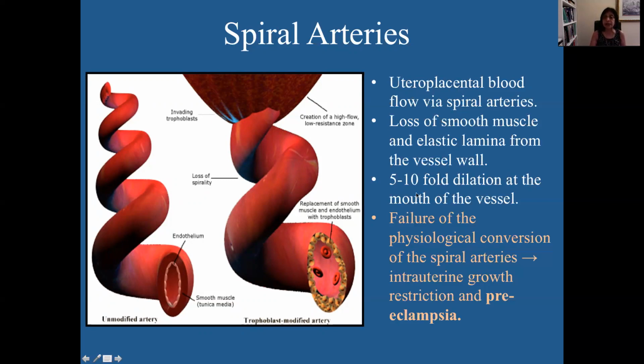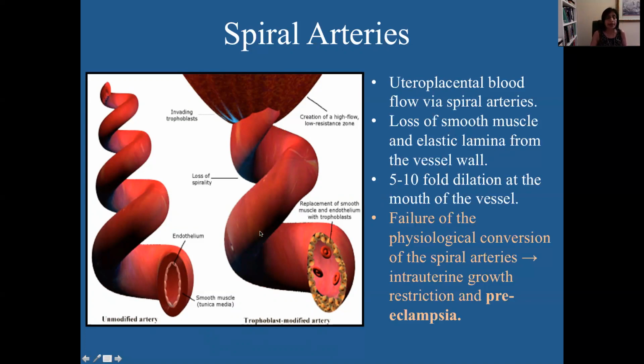Loss of smooth muscle and elastic lamina from the vessel wall is unique about spiral arteries. These vessels are relaxed. So loss of smooth muscle, smooth muscle contraction is not going to happen, and also elastic properties are lost.